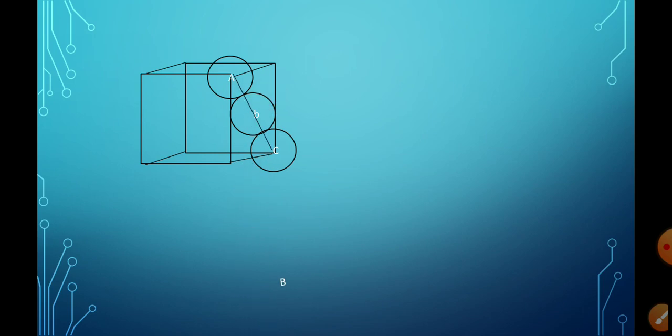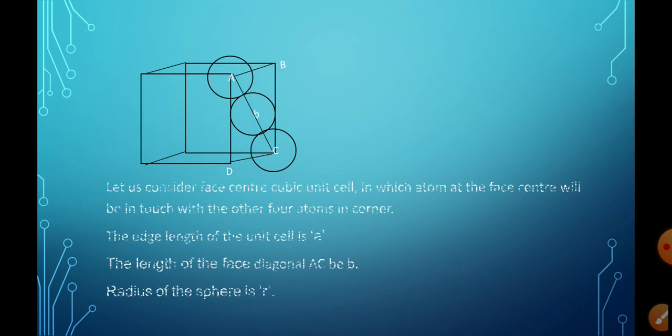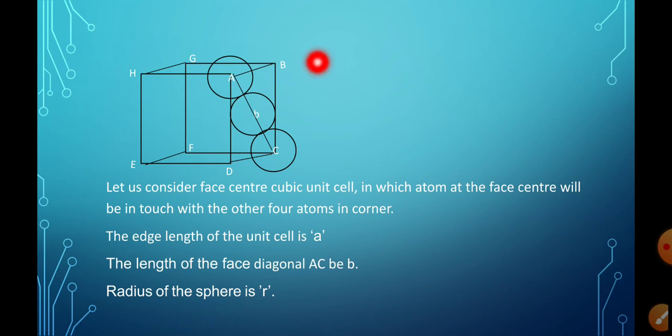Next I label all the corners: A, B, C, D, E, F, G, H. So this is the diagram: A, B, C, D, E, F, G, H is the cube, with particles at corners A and C, and one particle at the center of face A, B, C, D.